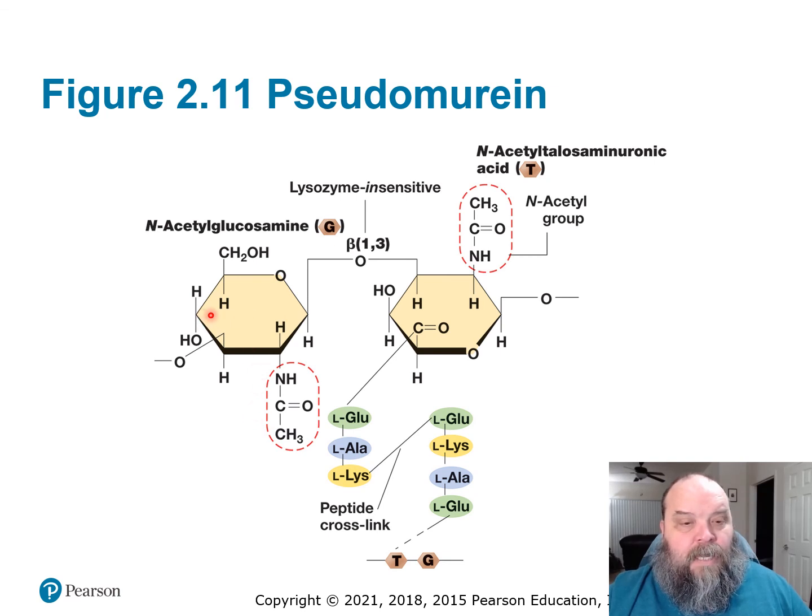So when you look at these guys, here's our friend NAG, but something new here. And look at this. The sugar here has been flipped. So instead of both of them being oriented so the N-acetyl groups are pointed down, this one's flipped. So now, 1, 2, 3.